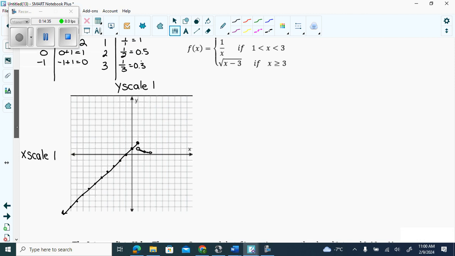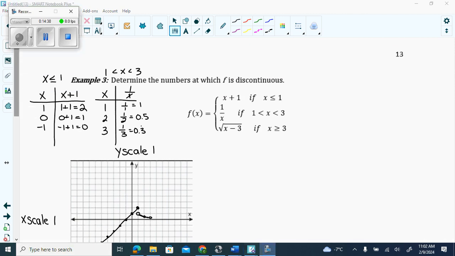Okay. Then my third one. So we have square root x minus 3. And this one is x is greater than or equal to 3. So we have to use 3 first. When we use 3, we get square root of 3 minus 3, and it's 0. 3, 0, closed dot or open dot? Closed dot because it's equal to 3. And then I could use 4.